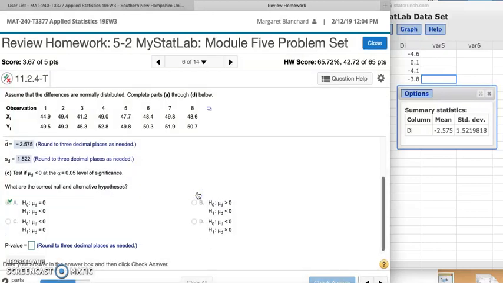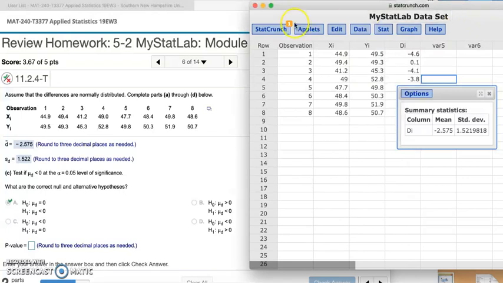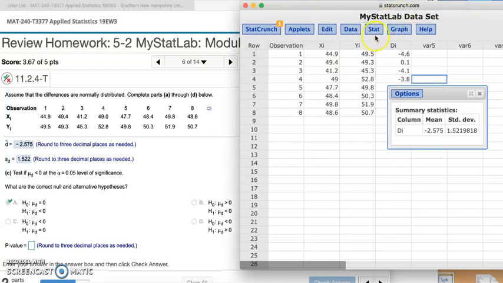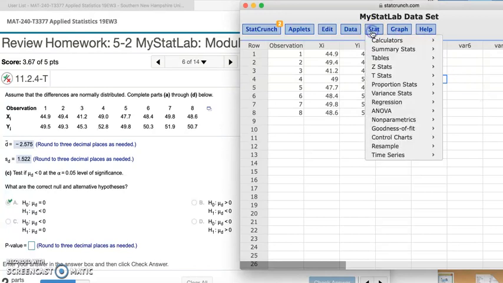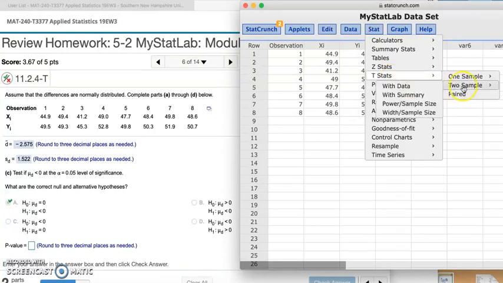Okay. Let's find the p-value. So let's go back to StatCrunch. So again, we're dealing with matched pairs data and we're looking at the mean. So we're going to go to Stat, T-stats. Again, whenever we're dealing with the mean, we're going to T-stats. Now we have two sample. That's for the independent means. We know that we have matched pairs data, so let's go to paired.